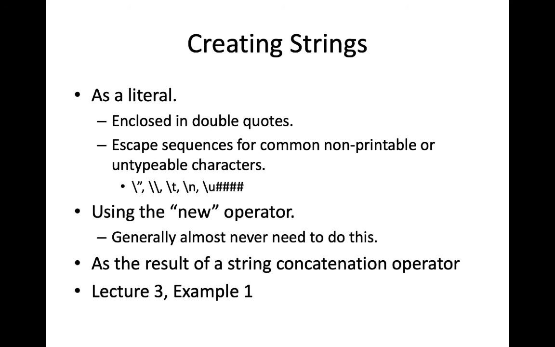However, you can also use the new operator to create a new string. That's the normal way of creating an object. So strings are a little bit special. We almost never use the new operator with strings, but we usually use the new operator with all the other kinds of objects in order to create new versions of that object.